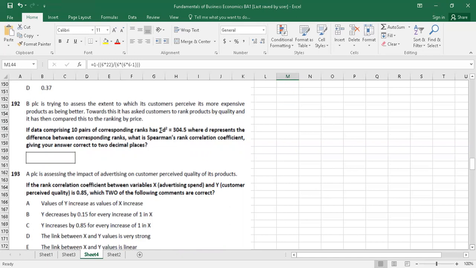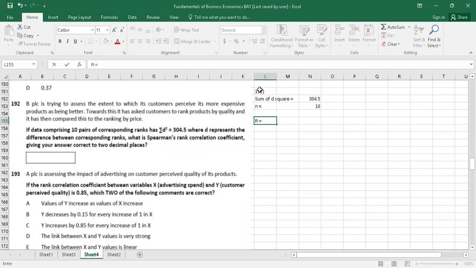So, for question 192, the sum of D square is equal to 304.5. Then we have N, the number of items. N is equal to 10. So now we need to find out what R is.